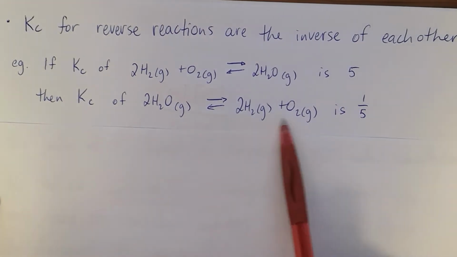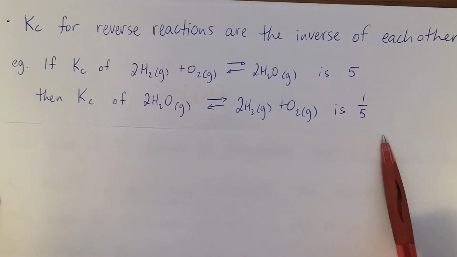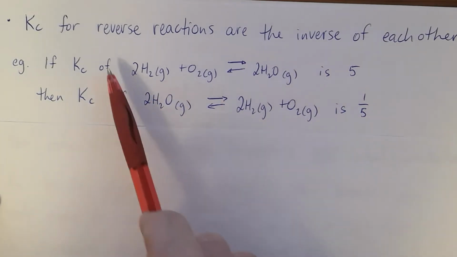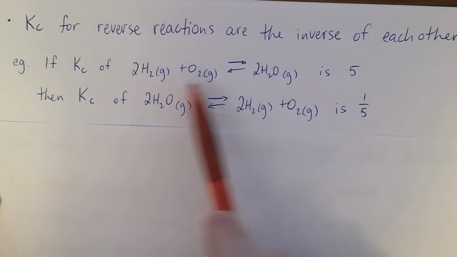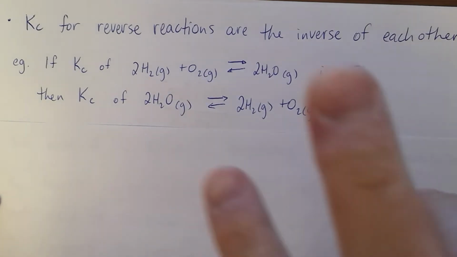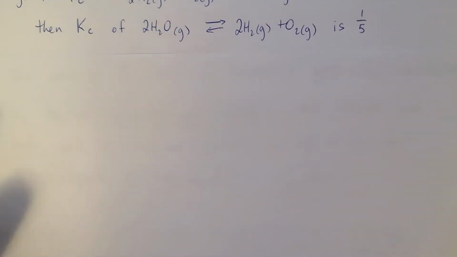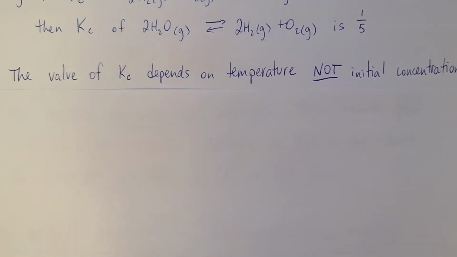Just reversing the reaction gives the inverse Kc, so this reaction would have 1 over 5. Mathematically, that makes nothing but sense. Kc for this one would be this divided by these two. If you reverse the reaction, you just flip the fraction of Kc. That's why they're inverses of each other. That should make sense.